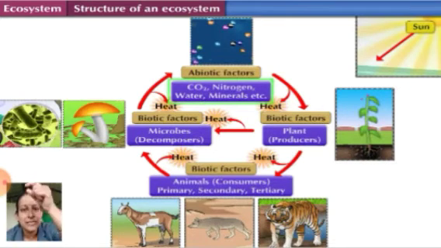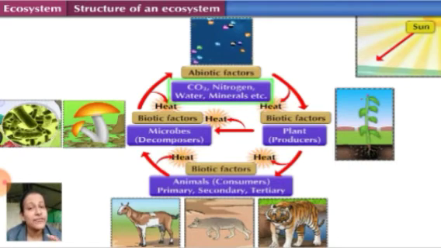You can say that it is flowing in one direction. So this is how energy transfer happens and the food or nutrients get cycled. Is that clear? Now all this is taking place in the ecosystem.